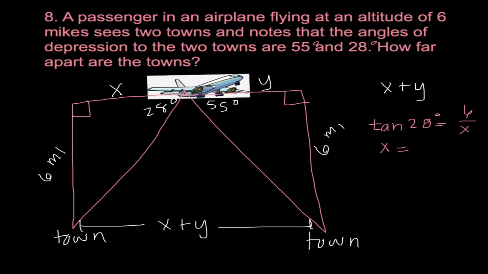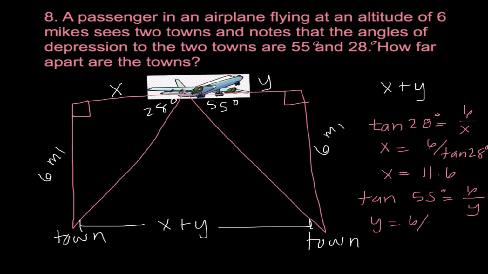So x equals 6 divided by the tan of 28 degrees, which ends up being 11.6 miles. I also have the tangent of 55 degrees equals 6 over y. So y equals 6 divided by the tan of 55 degrees, and I end up getting that y is 4.2.